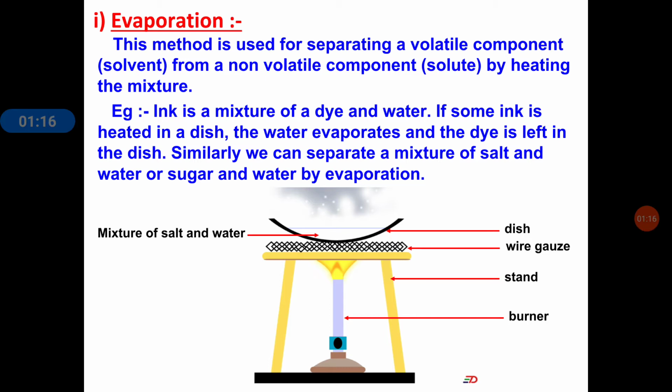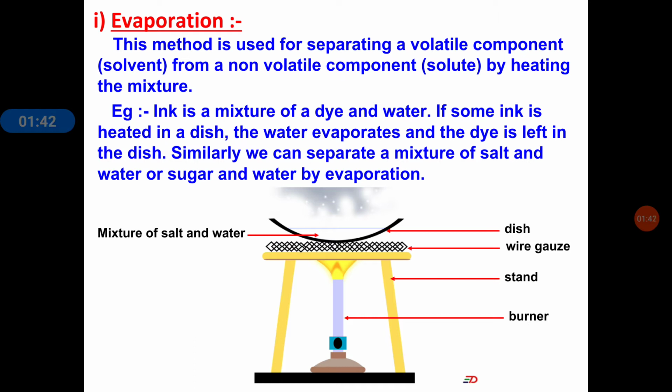For example, if you spray perfume on your hand, what happens? The perfume evaporates after some time. So a substance which can easily evaporate at normal temperature is called volatile. So in this separation method, evaporation, there is a volatile solvent.